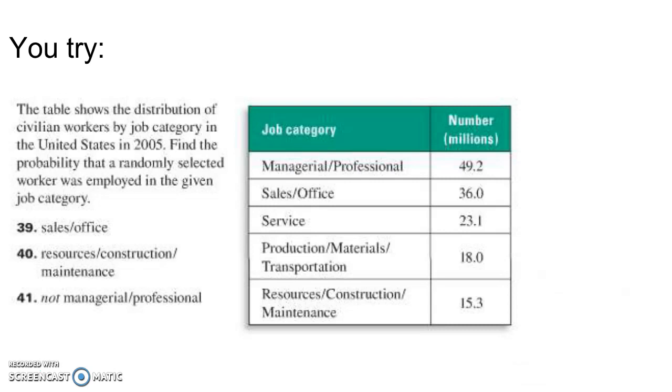Now we divide 36 by 141.6. On our calculator we end up with 0.254 and some more places. We're going to express this as a percentage. So about a 25.4% chance that a person selected at random from this survey works in sales or office.